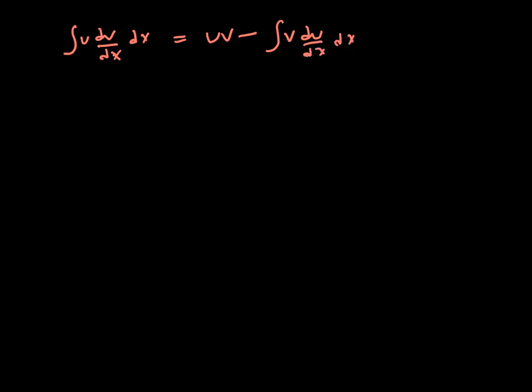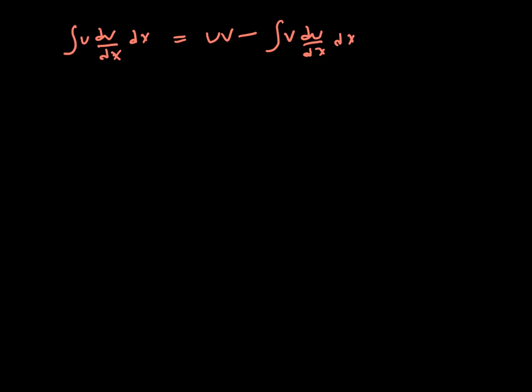It is always important for you to know which function we call u, and then the other function will be dv by dx, because they will always give you a product of two functions of x. If you know which function to call u, then the integral becomes so easy for you. Some situations are really challenging. You may fail to pick a u and you may fail to pick a dv by dx.